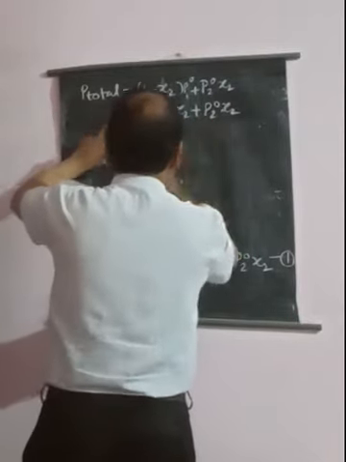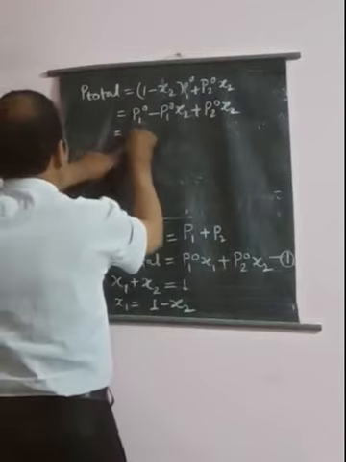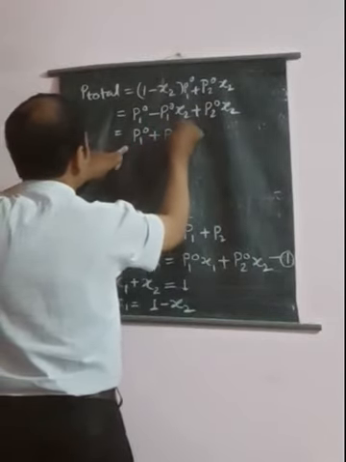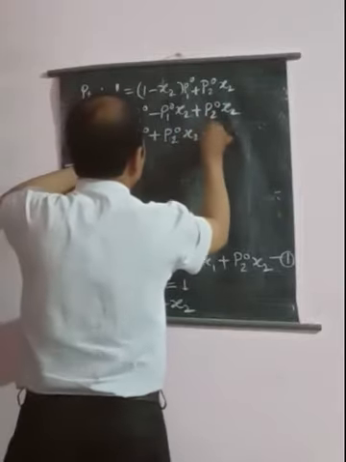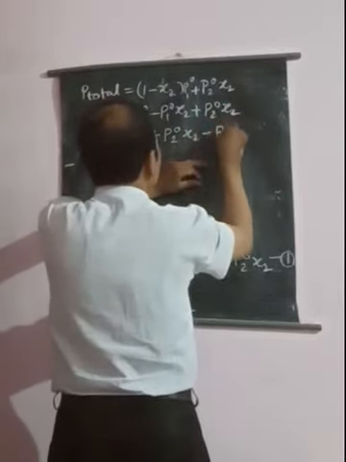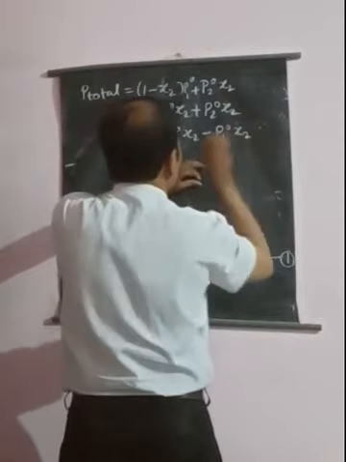Or we can also write it as P1 naught plus P2 naught x2 minus P1 naught x2.